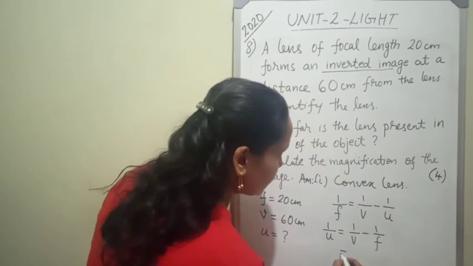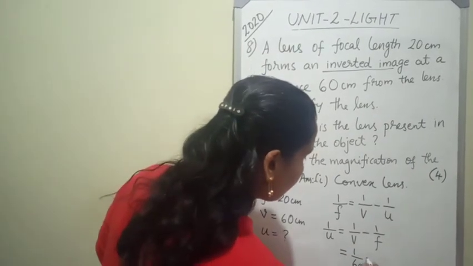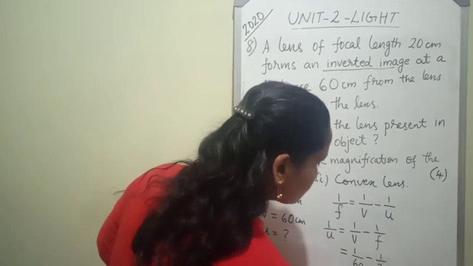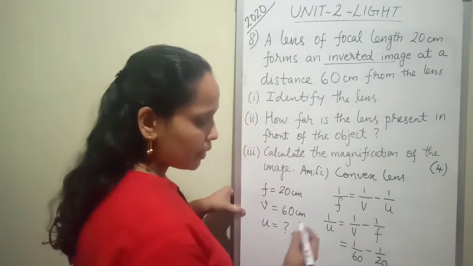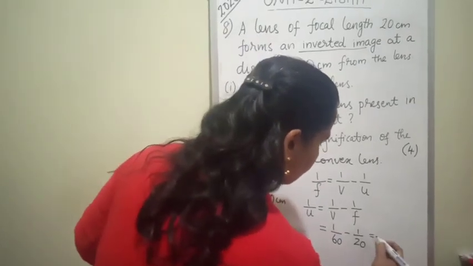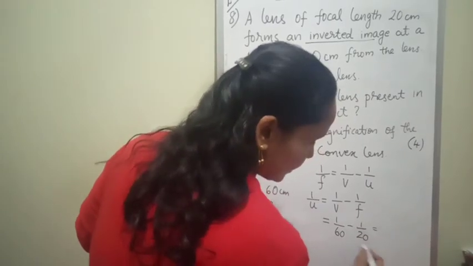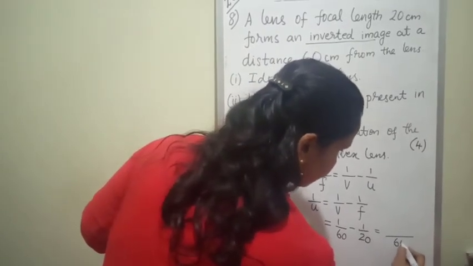When we substitute it, 1 by V, 1 by 60 minus 1 by 20. Okay, here we have to take the LCM. LCM can be 60, isn't it? 60 will be the LCM.